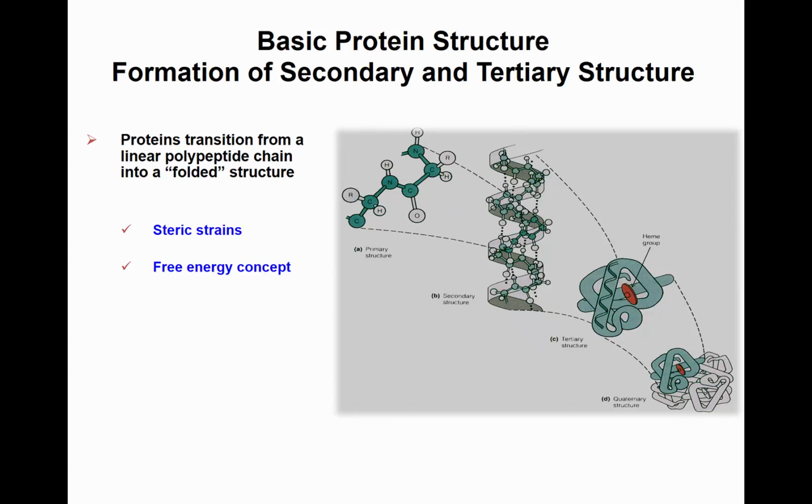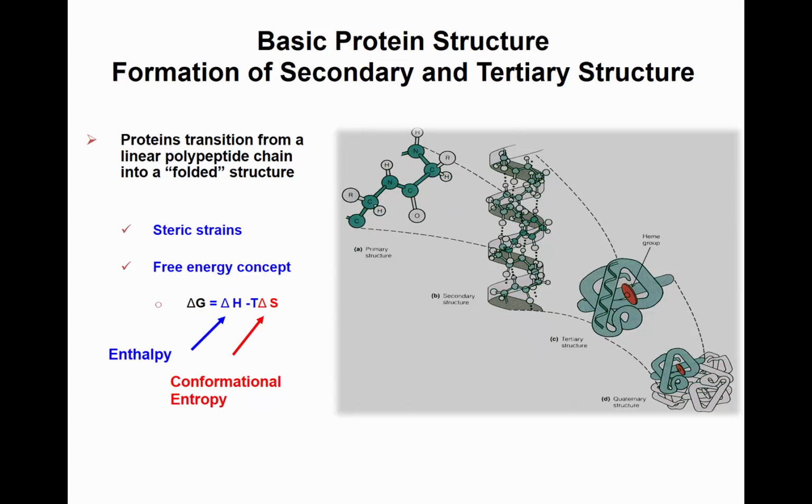Okay. So moving on from primary structure to secondary structure to tertiary structure and then quaternary structure. So remember what I said about having a lot of free energy. Free energy leads to chaos. Chaos is conformational entropy.